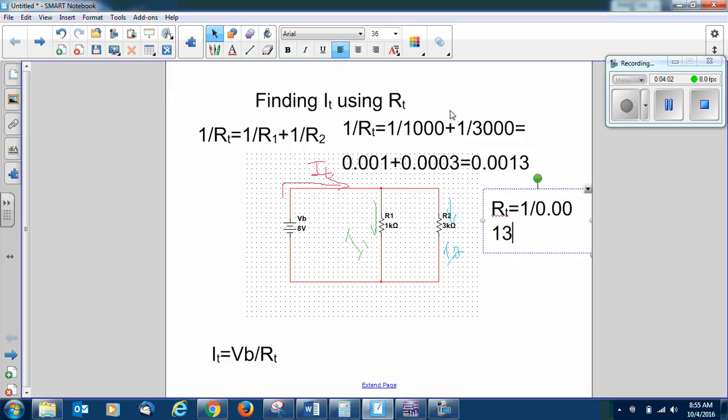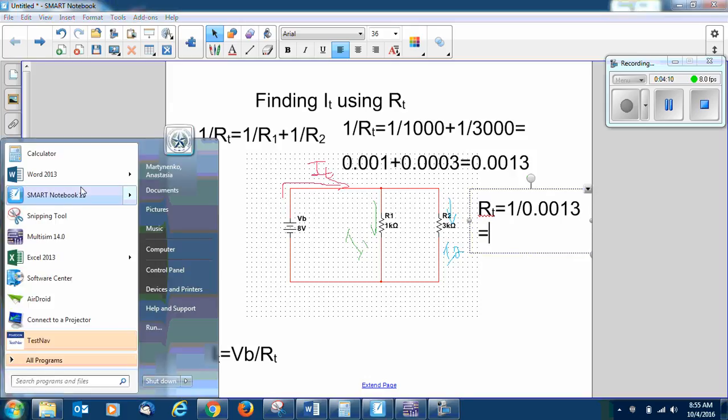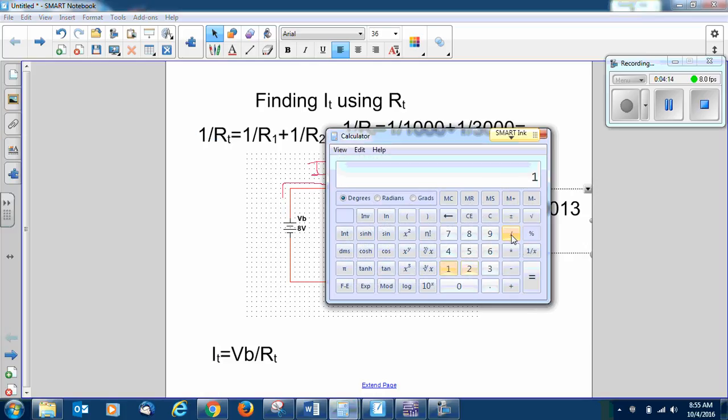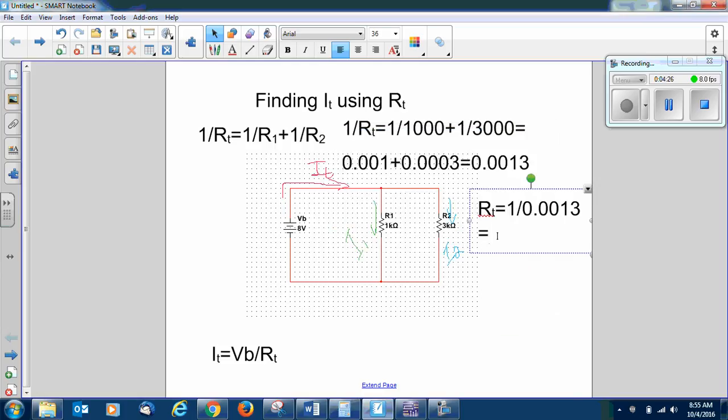And let's actually see what that equals because we need a calculator for that. So 1 over 0.0013, and I get something like 769 ohms. Familiar number, we saw that in the Kahoot. 769 ohms.